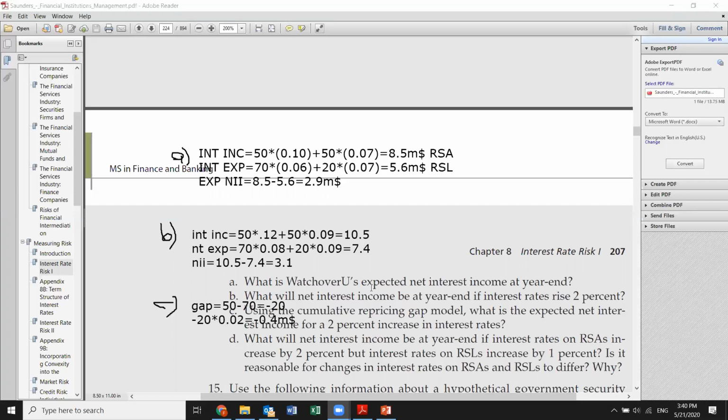Yeah, the spread itself will be bigger. That's true, because the change of interest rate on the asset side is bigger, and that will bring us more revenue. That will have more effect on net interest income. So our net interest income will increase, and it will be higher than this amount.